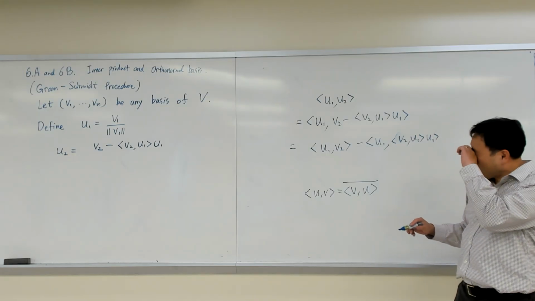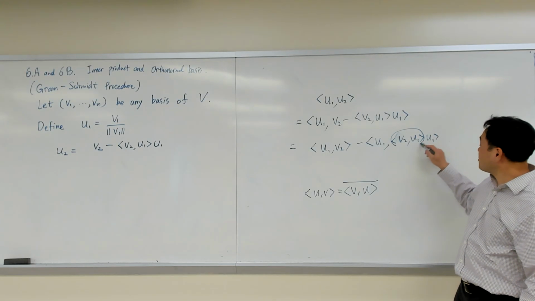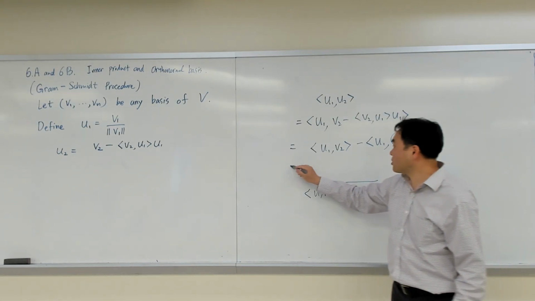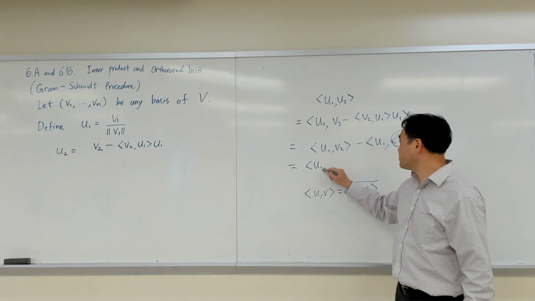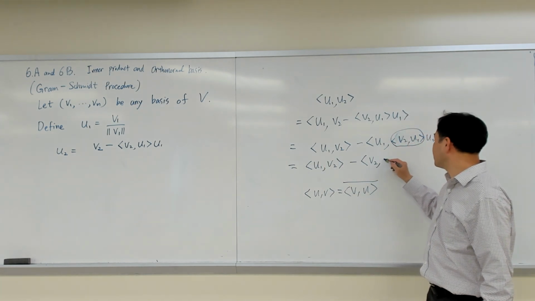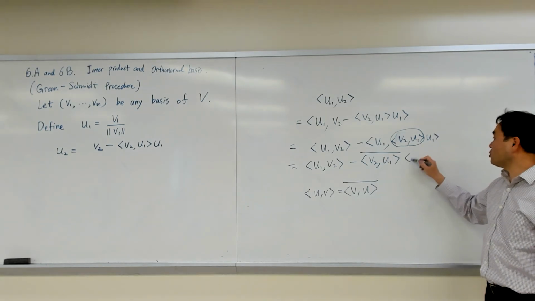And then I have to talk about that because this is a number that's in the second component. When you bring this out, you end up with a conjugate. You get the conjugate, and then it's still U1, U1.